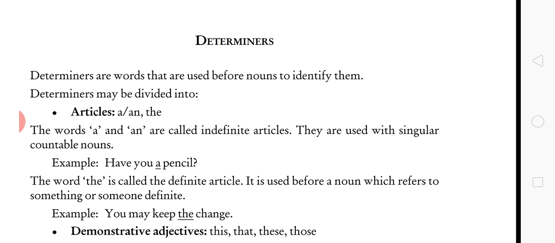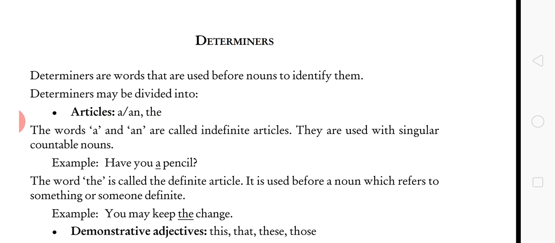For example, an apple, an inkpot, an almirah, etc. We also use an before words beginning with a consonant but giving a vowel sound, that is where the consonant is silent. For example, an hour, an honest man, an X-ray, etc.